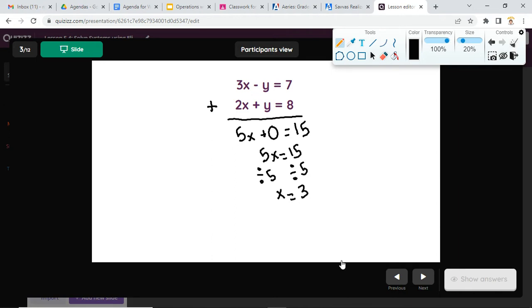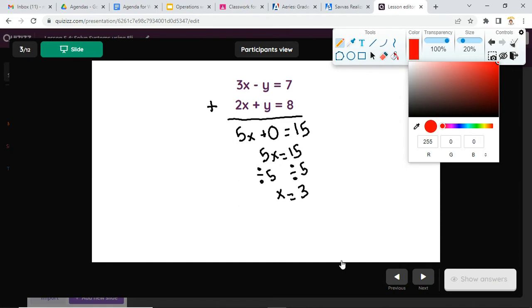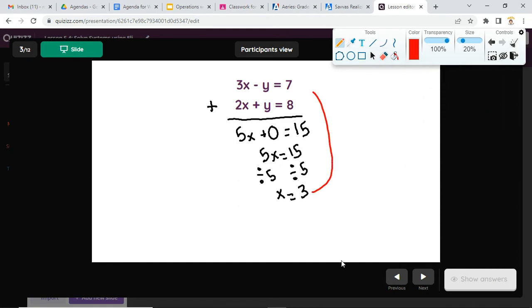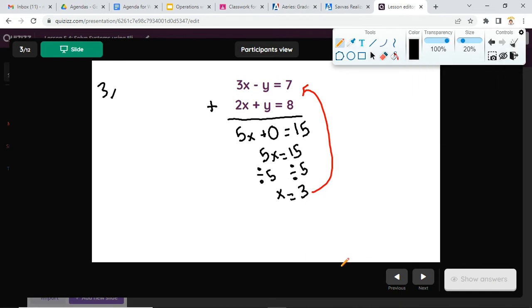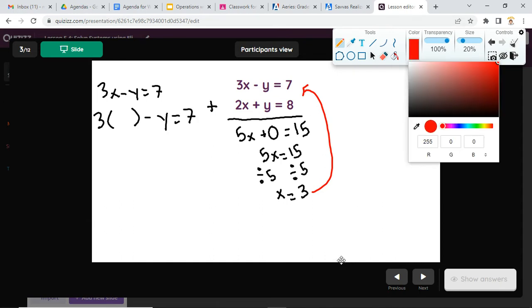Alrighty, so now that I've solved for x, what I need to do is take that x and plug it into one of the equations up here. So I'm going to use the equation 3x minus y is equal to 7. I'm going to replace my x with what I solved for, which was 3.